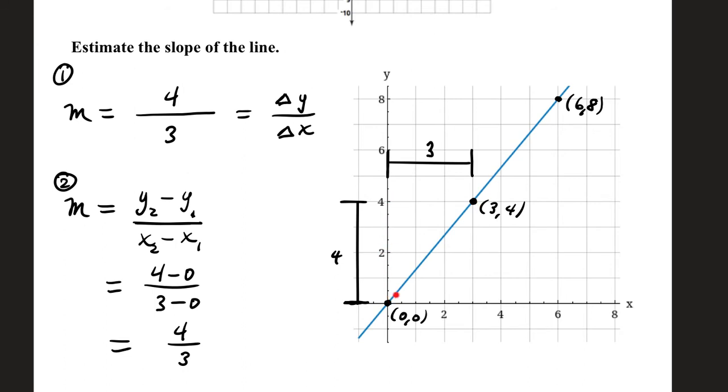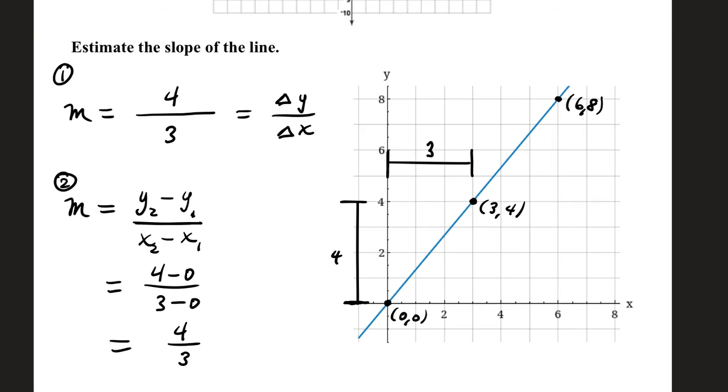Now from this dot to this dot, which would also be the same as that dot to that dot, you have to change by a vertical unit of 4 units. Your horizontal change is 3 units. And because slope is vertical change over horizontal change, 4/3 is the slope of this line.